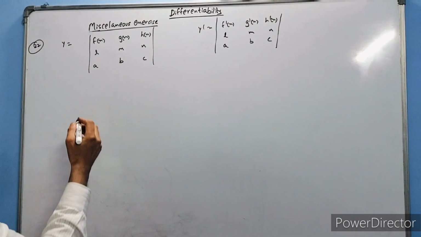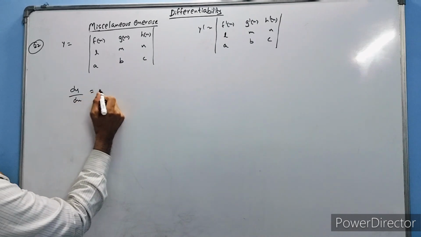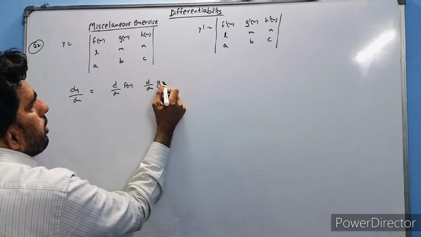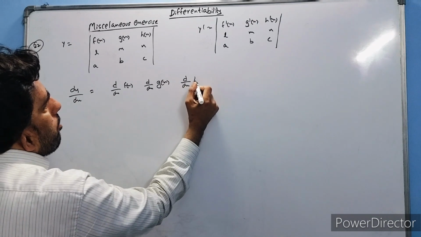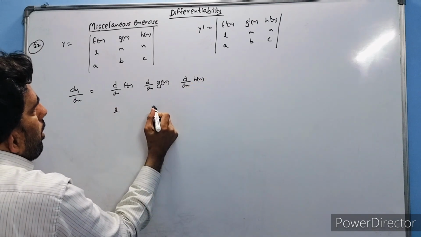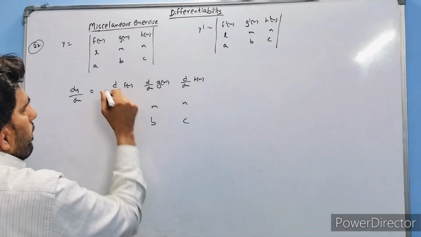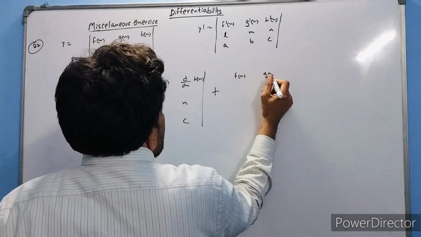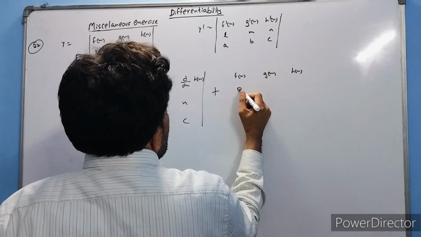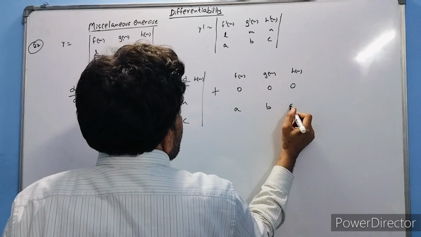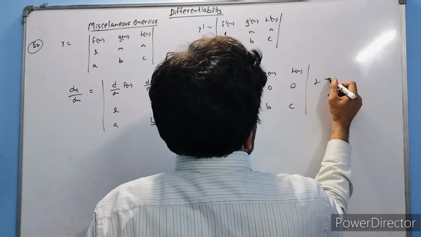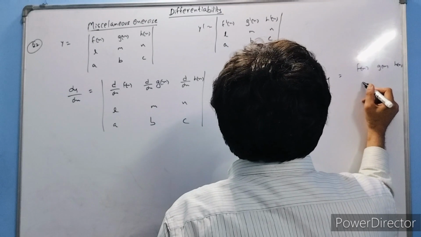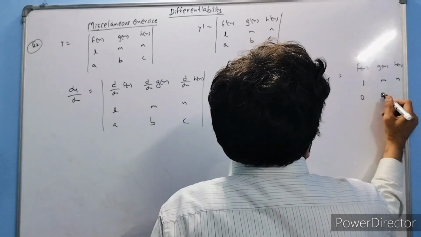Now we have this. So dy upon dx will be d by dx of f(x), d by dx of g(x), and d by dx of h(x), with rows L, M, N, A, B, C. Here I will have plus f(x), g(x), h(x) with 0, 0, 0, A, B, C, plus f(x), g(x), h(x) with L, M, N, 0, 0, 0.